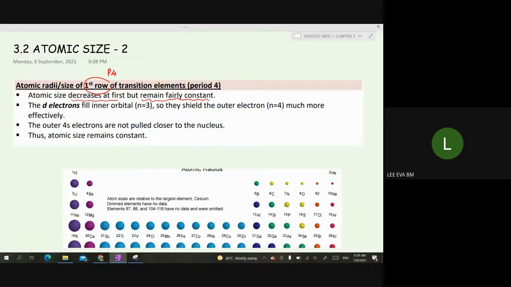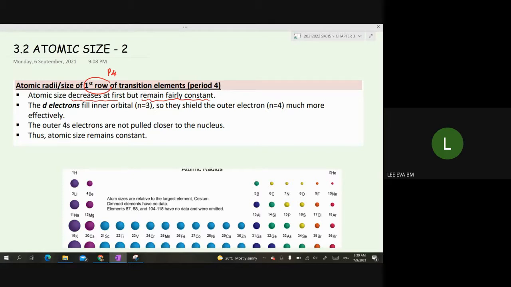Okay, almost the same. That is because, if you know, proton number in the periodic table is arranged in increasing order. So obviously inside the transition elements also the same. You keep on adding the electron into the D subshell, adding into D subshell. So dia bila proton number sebenarnya bertambah.